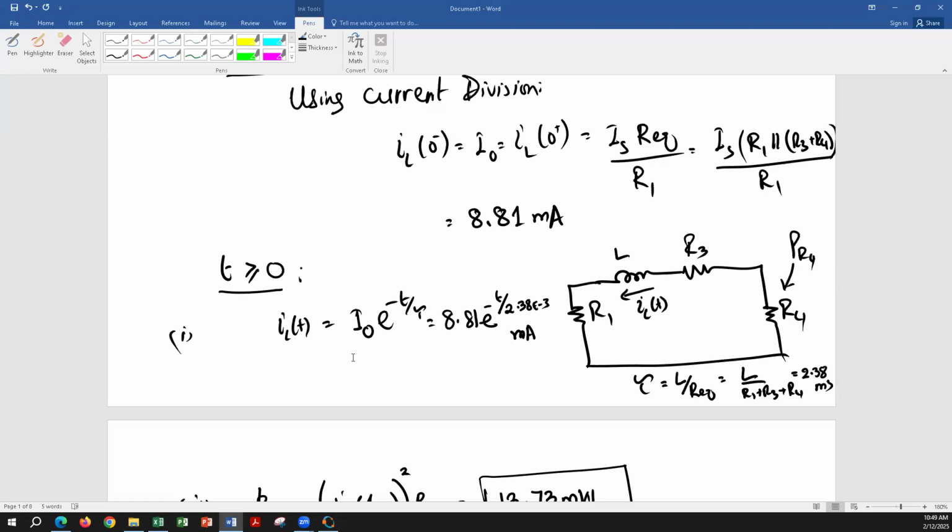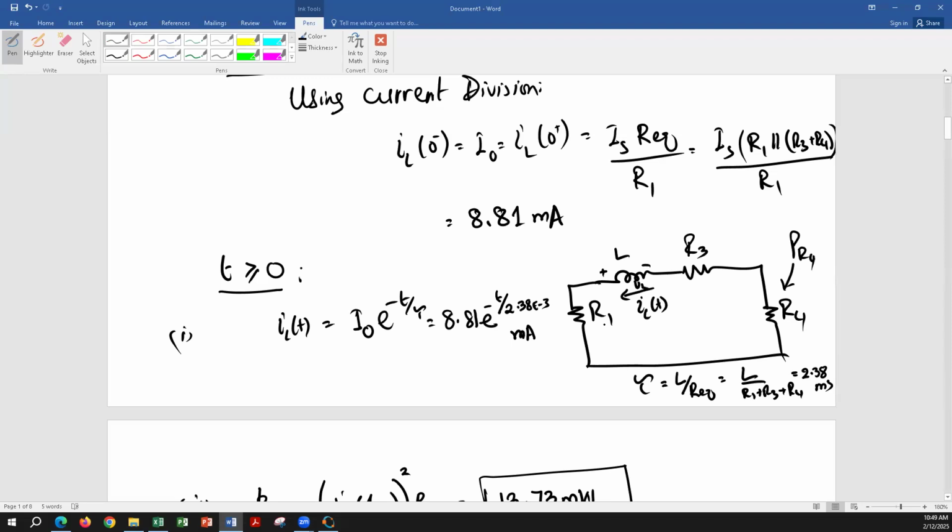One thing you have to be careful about, and I discussed that in the lecture I created yesterday: this equation is for when current is entering the inductor and your voltage is positive here. When the inductor is acting as a source, the current direction does not change, but the voltage direction is going to change.